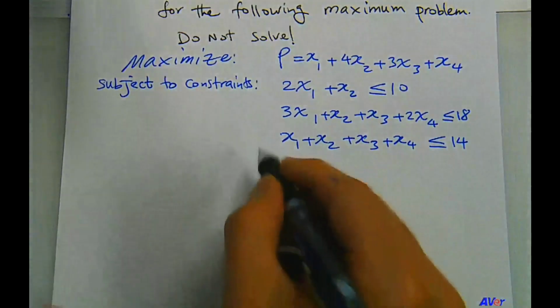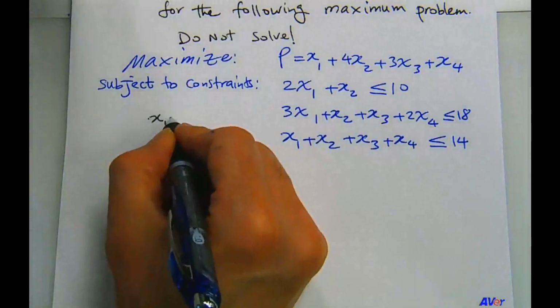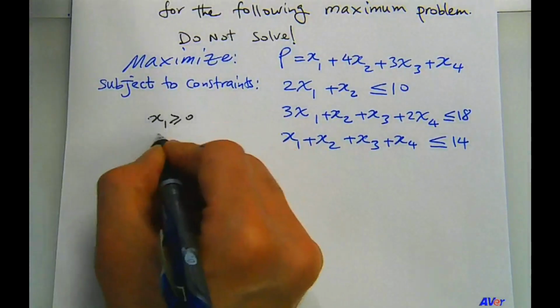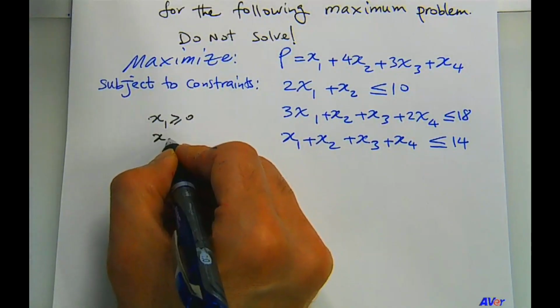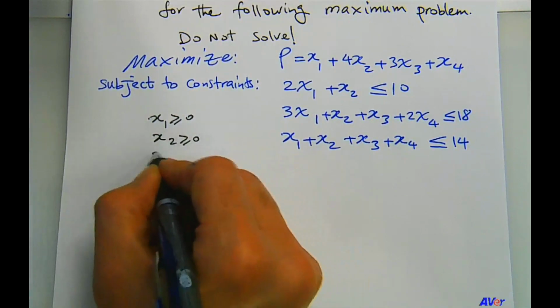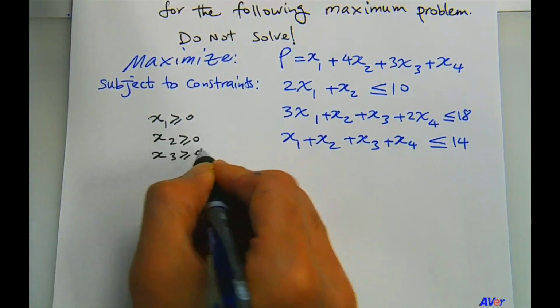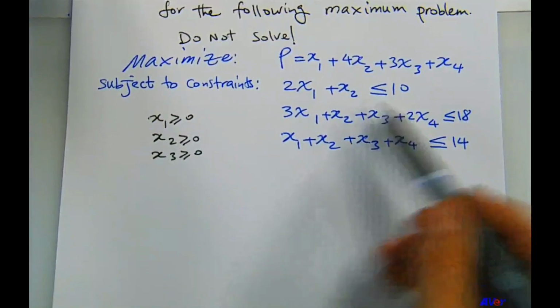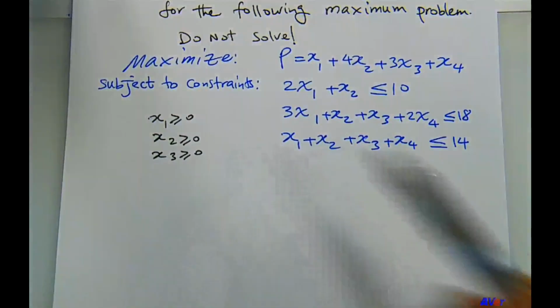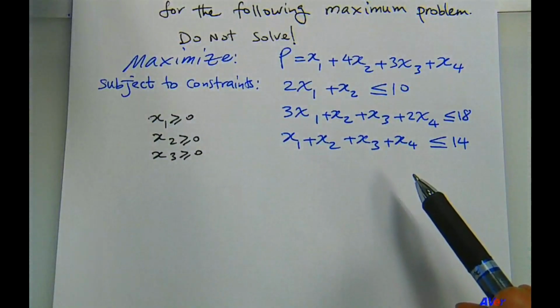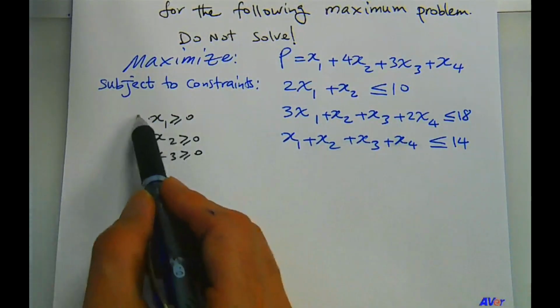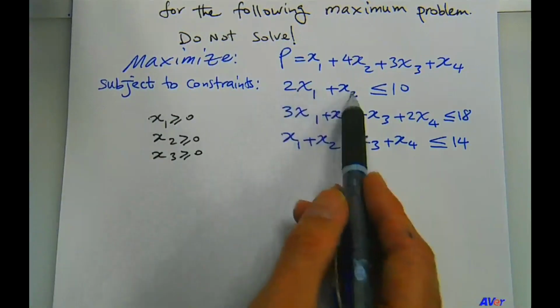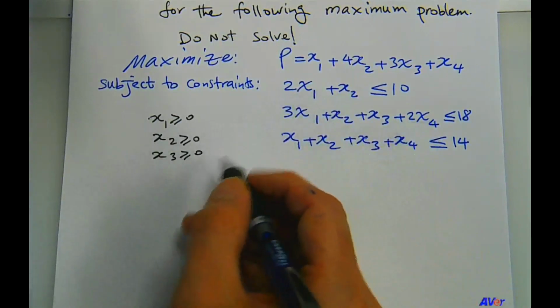And of course the condition for a standard maximum problem. Okay, so before we answer this question, let's quickly check to see if this maximum problem is a standard maximum problem. First of all, three variables are here, well, there's also another one.